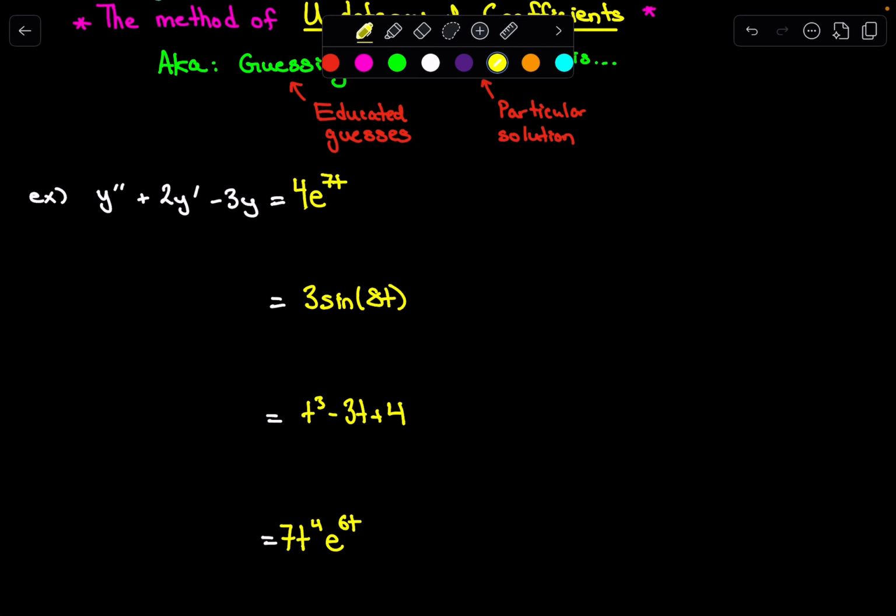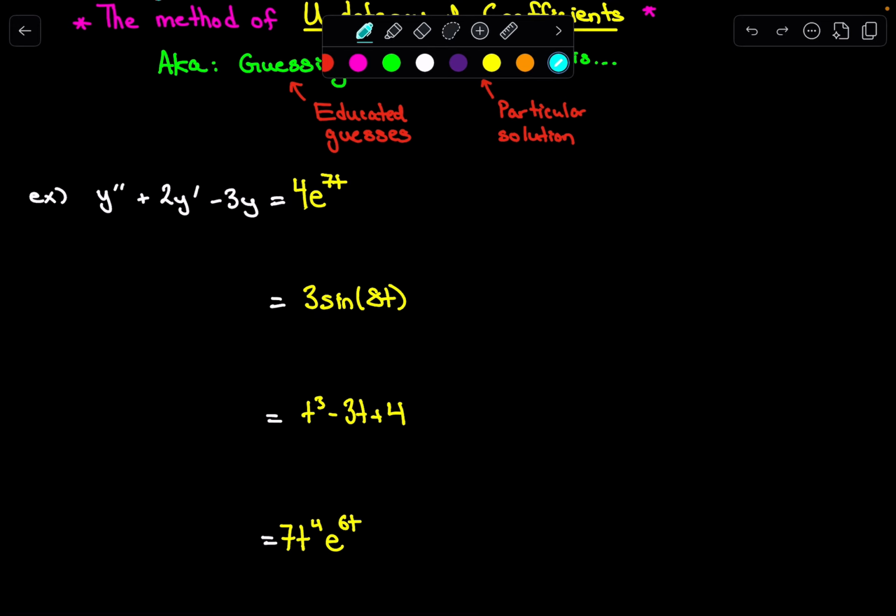The big idea here is that unlike in the homogeneous version, where we set all these equal to 0, got a characteristic equation, and solved for the homogeneous solutions, now we have these extra little functions on the right-hand side. And our goal is, how on earth are we going to come up with the particular solution for this differential equation?